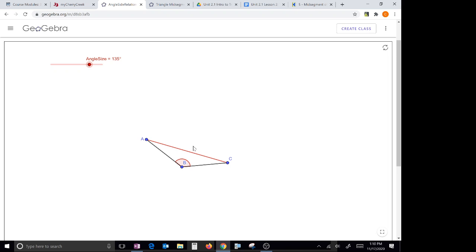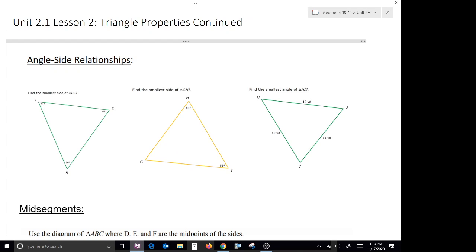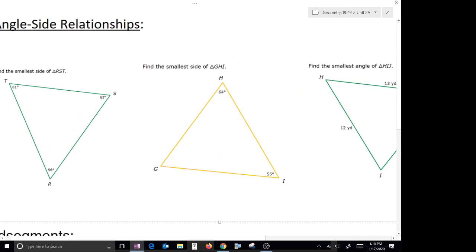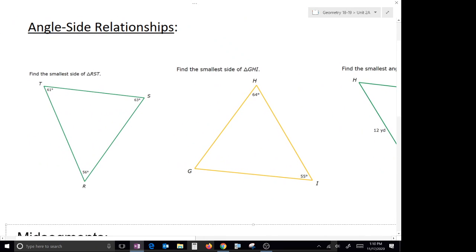And we can use that relationship to order our sides even if we don't know what the actual lengths are. If we know the angles, we know what relative size each of our sides are. So looking at this first example here, if I want to find the smallest side, what I want to find first is the smallest angle, which is going to be this 56 degree angle.